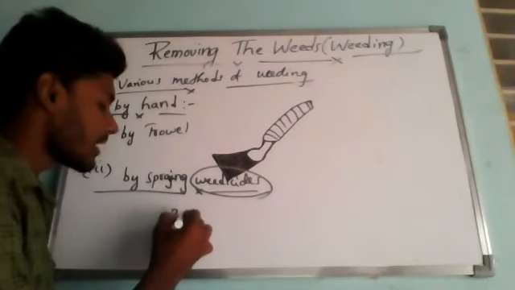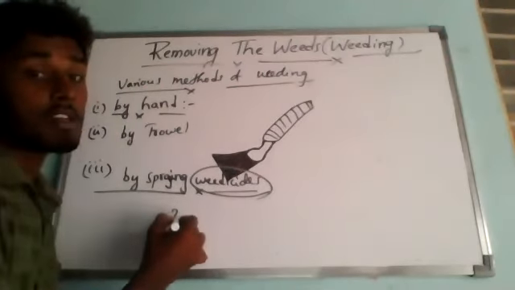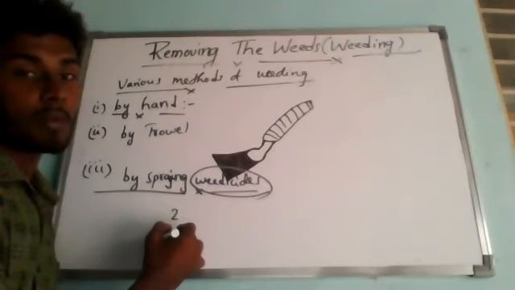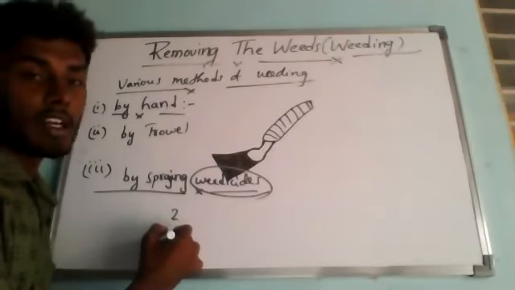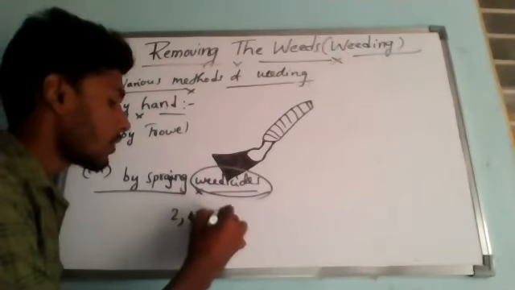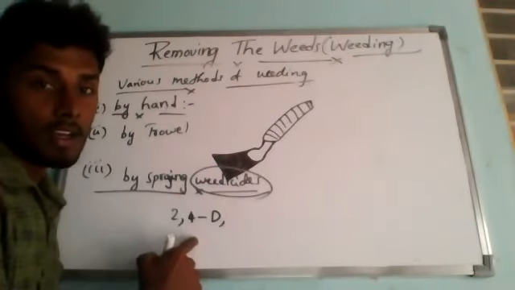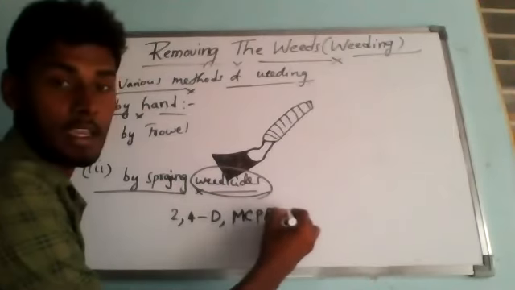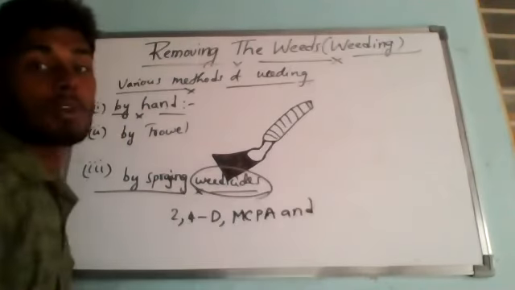You just need to remember some of the common weedicides used to kill the weeds from cultivated lands: 2,4-D is one of the chemicals, and MCPA and butachlor.